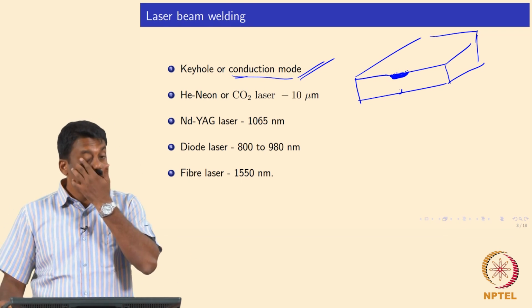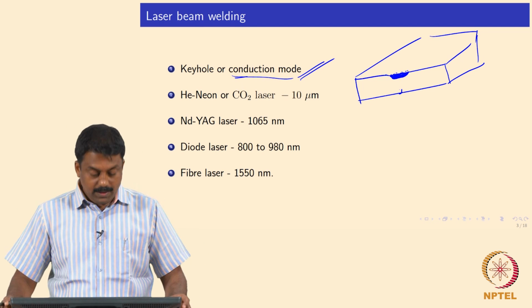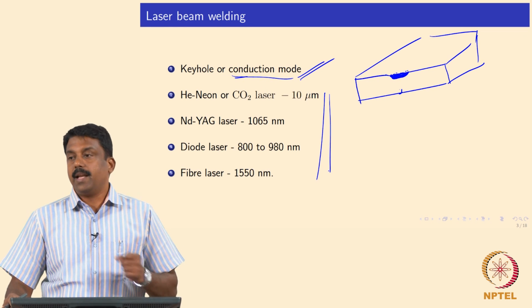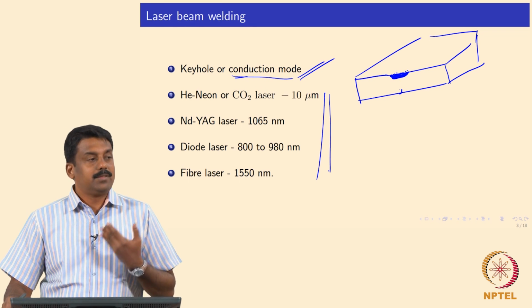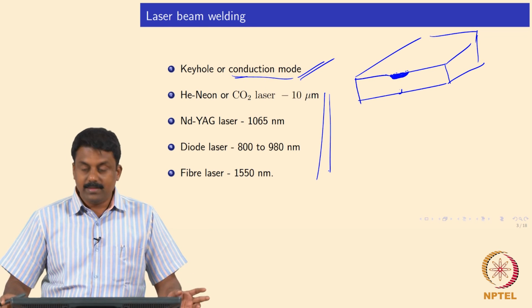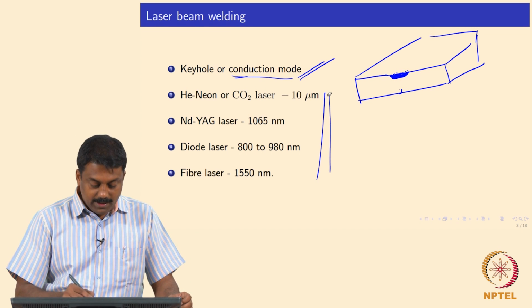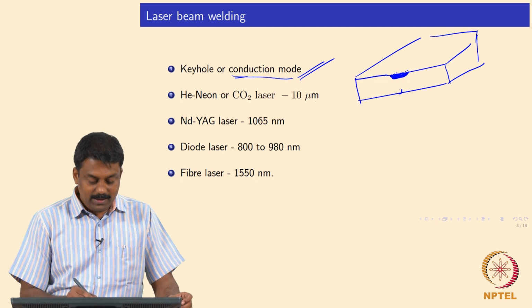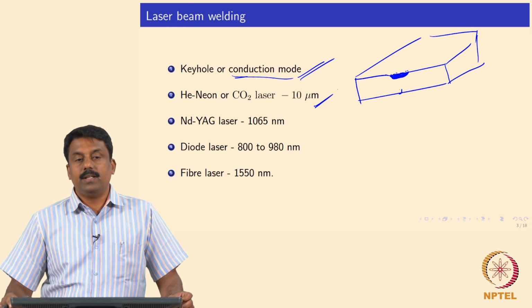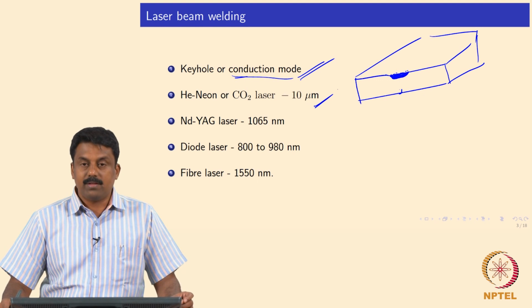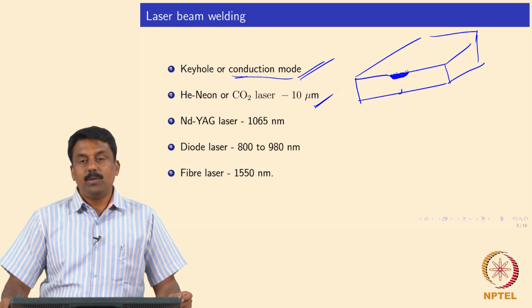Based on the laser source, we can also classify the laser types: either gas lasers, solid state lasers, diode lasers, or even fiber lasers. You must have studied this already in your school days, right. The most commonly used gas lasers are helium neon and carbon dioxide lasers.